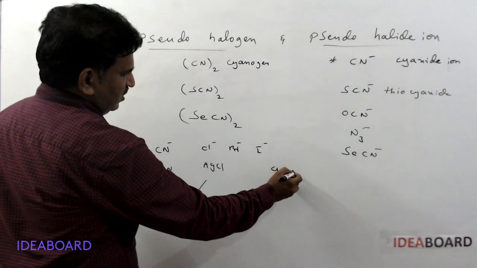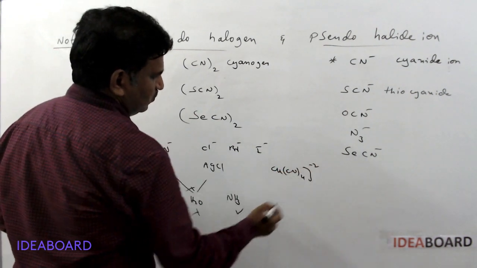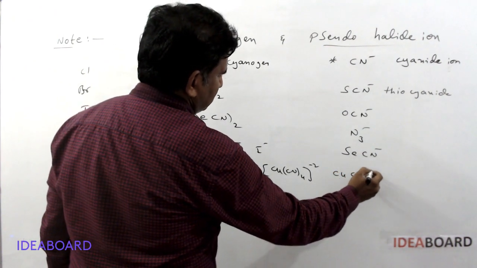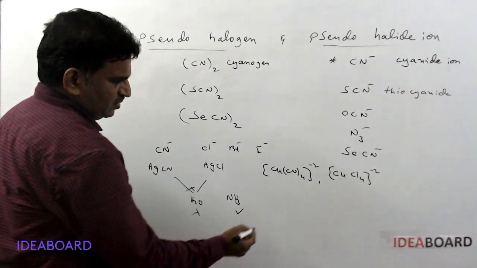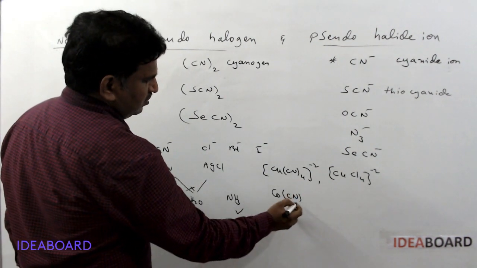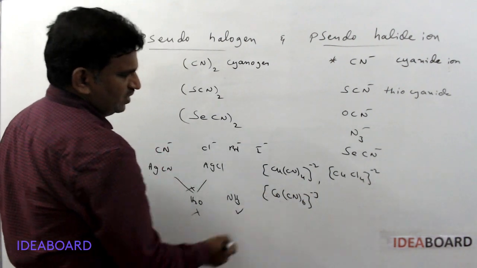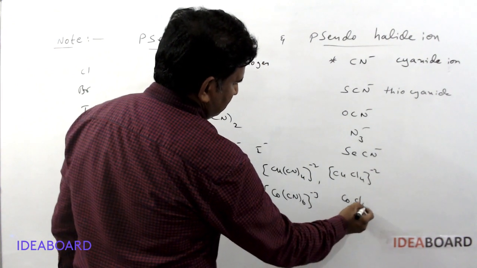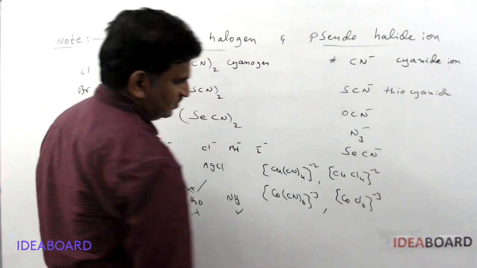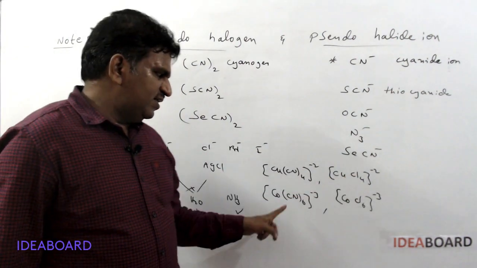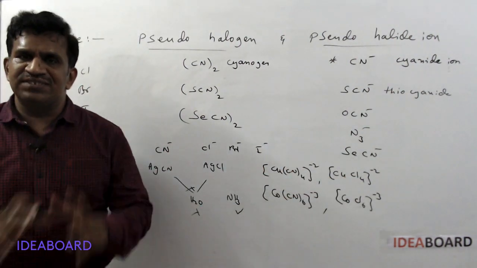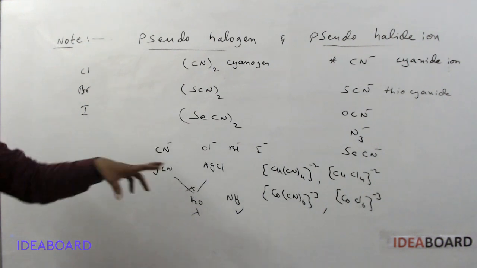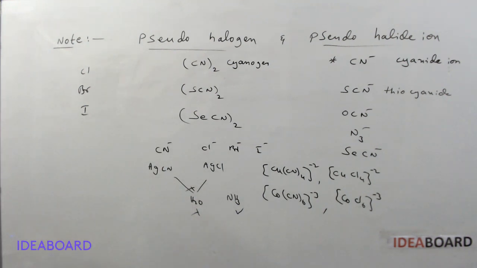Similarly, the [Cu(CN)4] 2 minus complex is the same as the [CuCl4] 2 minus complex. Similarly, the [Co(CN)6] 3 minus complex, like the [CoCl6] 3 minus complex, we also have. It means that, like chloride, cyanide also forms the same type of complexes. So those are the similarities observed for the pseudohalogens with the halogens. Okay, this is an important point.